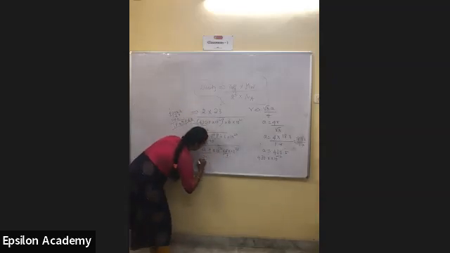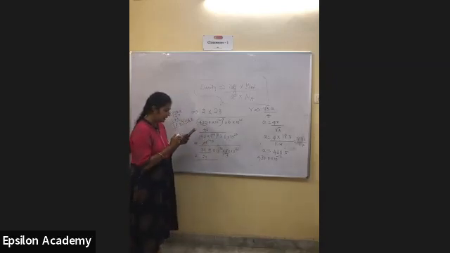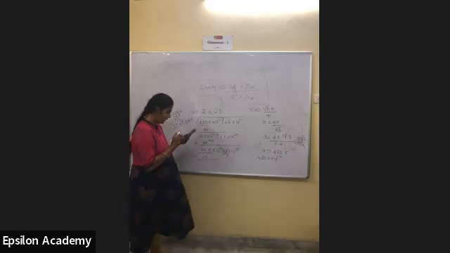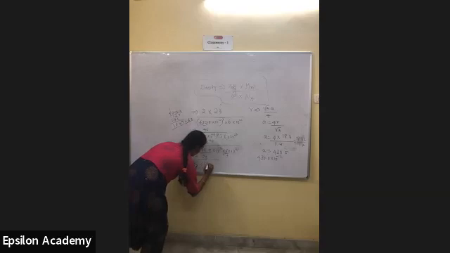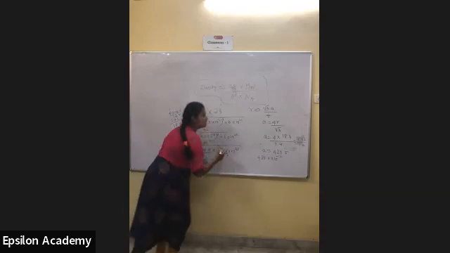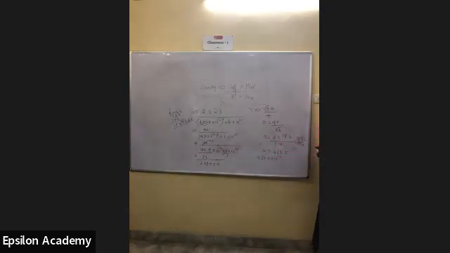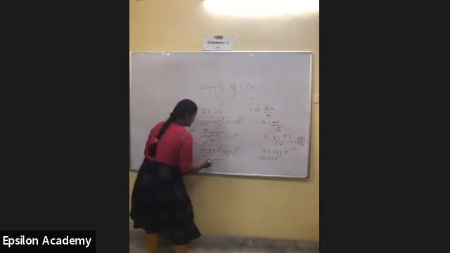Now 23 divided by 79.5 into 3, which is 238.5 into 10 to the power minus 7.